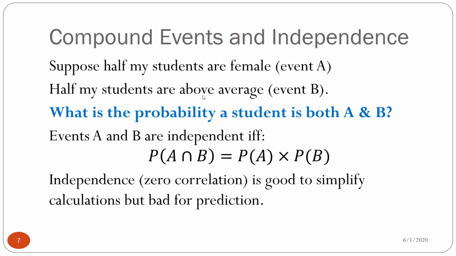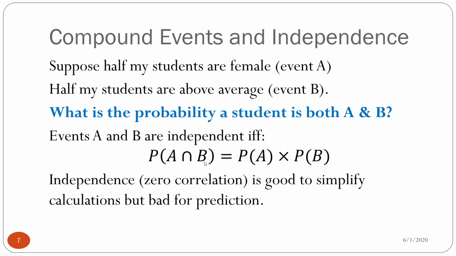What does it say? It says that when you're trying to find the probability of A intersection B, which means A happening as well as B happening. What is A here? The event of being a female student. What is B here? The event that the student is above average. Now these two events are independent.